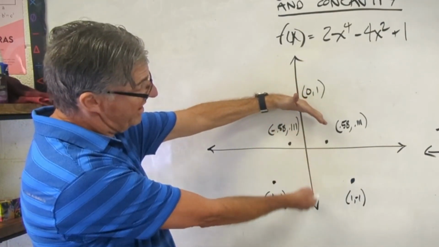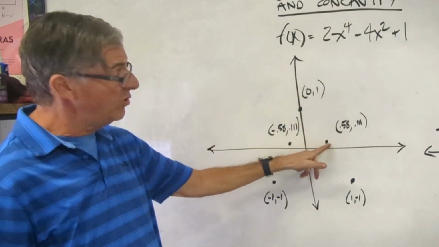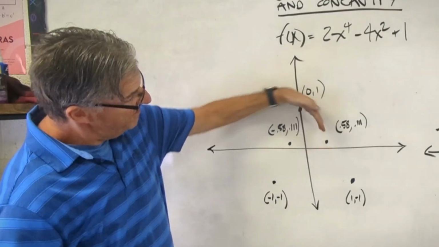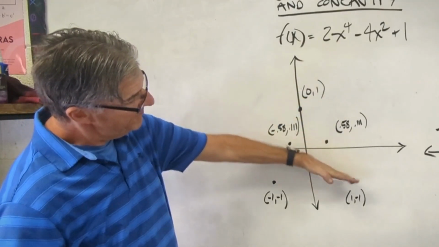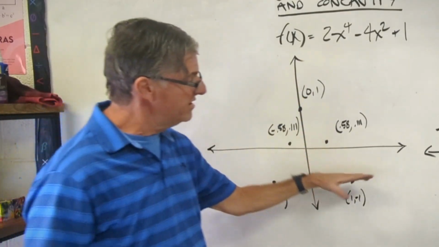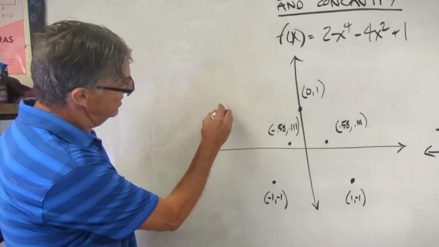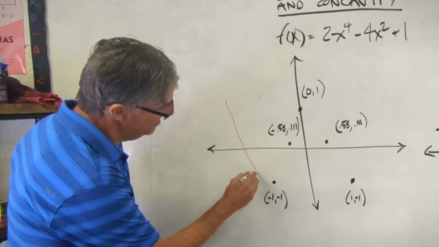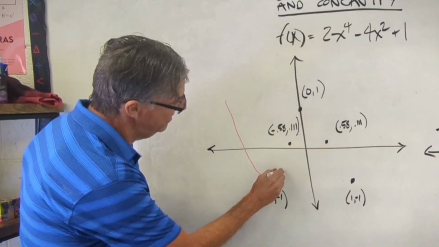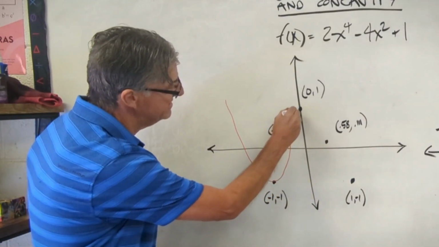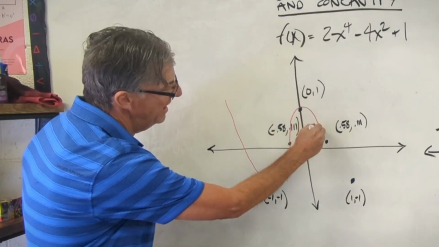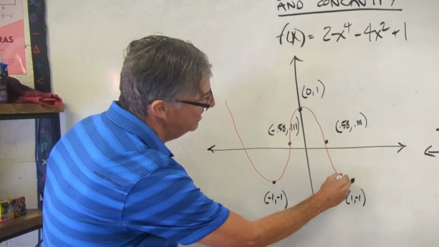It's still concave down until this inflection point, where it's going to gently change from being curved down to being curved up. Then it's going to pass through that turning point and go on up forever. So let's sketch that in. Decreasing, turning point, inflection point, turning point, inflection point, turning point.